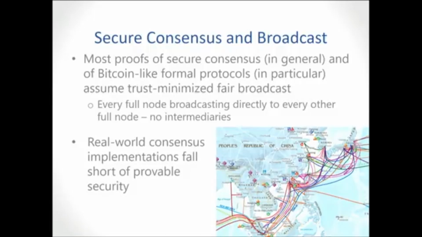There are no intermediaries. But of course, in the real world, the way Bitcoin works is we have this diffusion process, and real-world consensus implementations such as Bitcoin's fall very far short of provable security for that reason. And this has practical consequences. There are real attacks that are a consequence of this fact.